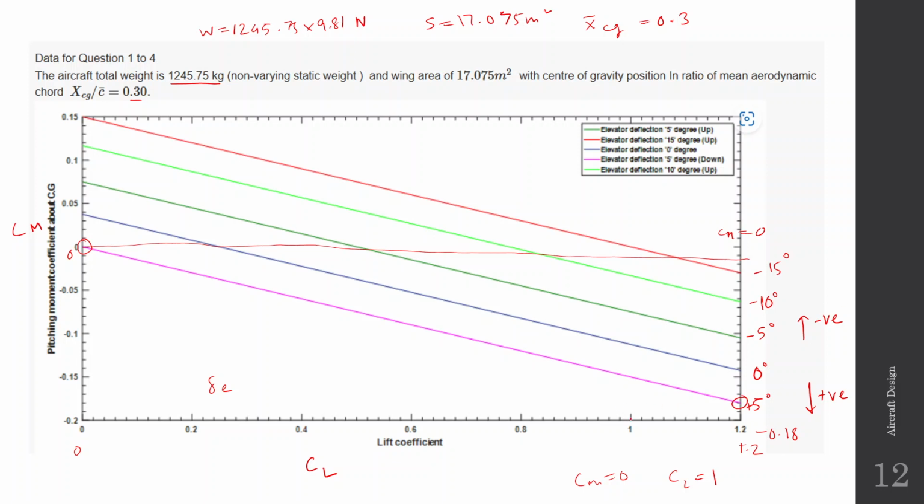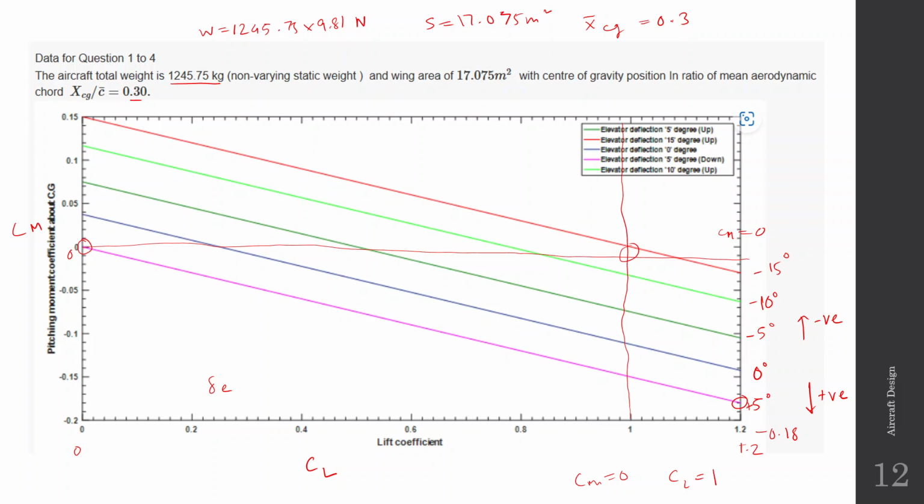So this is Cl equal to 1. The point where these two lines intersect will give the elevator deflection. So you can see that they intersect over here.